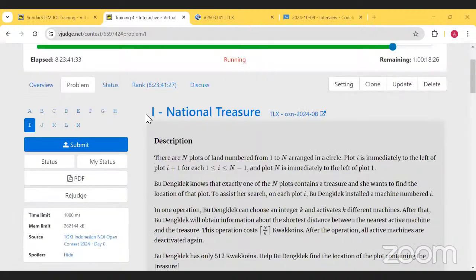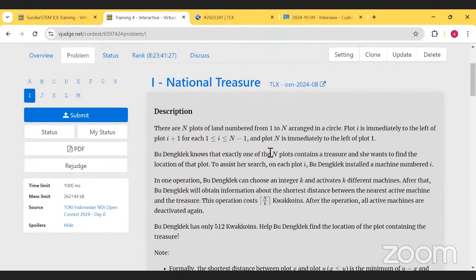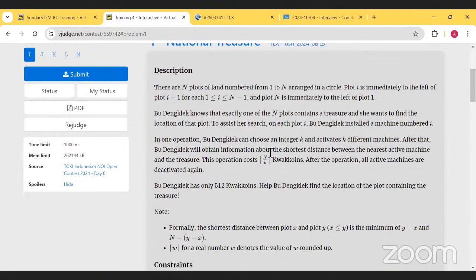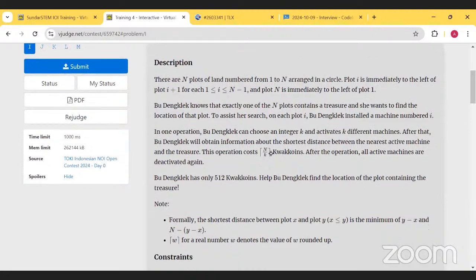This is the problem. National treasure. The problem is like this. There is a cycle with size n. Okay, n times n coin. Okay, yes, if you execute each machine one by one, and how to make it only 2 times n?